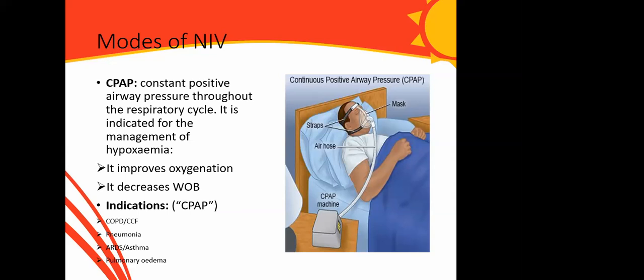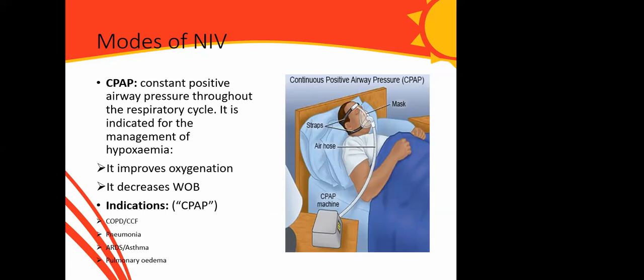It helps to improve oxygenation by maintaining constant airway pressure throughout both inspiration and expiration. It also helps to decrease the work of breathing that the patient is doing, because there's a supportive positive pressure being delivered by the CPAP machine.